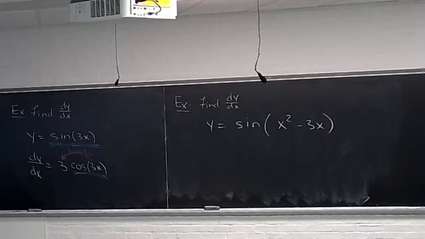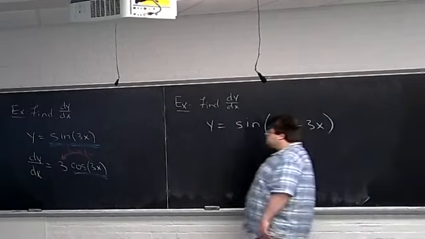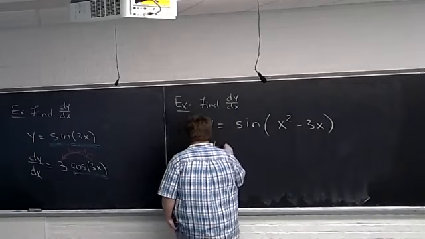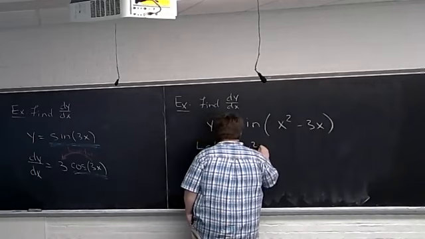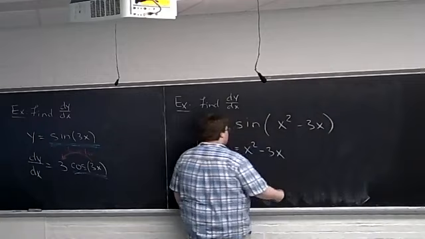Now we still have a sine function, but its inside is far more than just an x. So what we can do is use a u substitution. Use u equals x squared minus 3x.